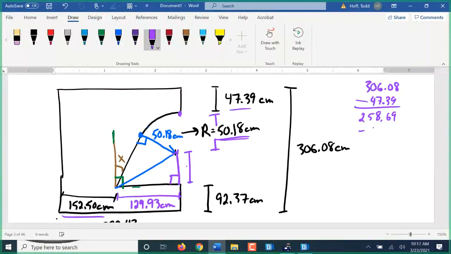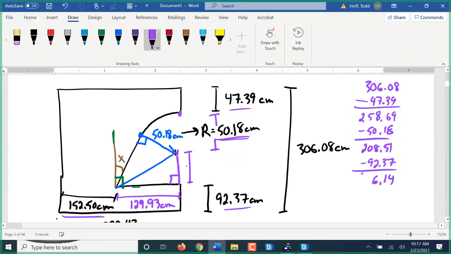I'll subtract the 50.18, giving me 208.51, and then I'll subtract the 92.37, giving me 116.14. So this dimension here is 116.14 centimeters.